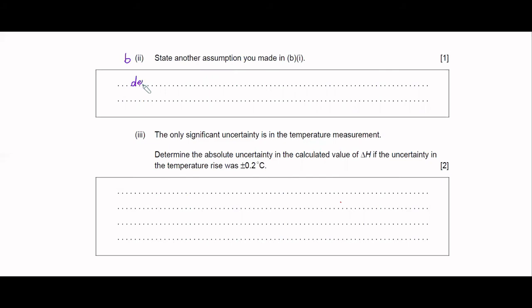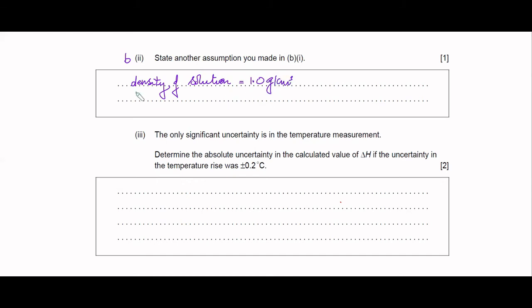The density of the solution was assumed to be equal to 1.0 grams per centimeter cube, which is actually the density of water.